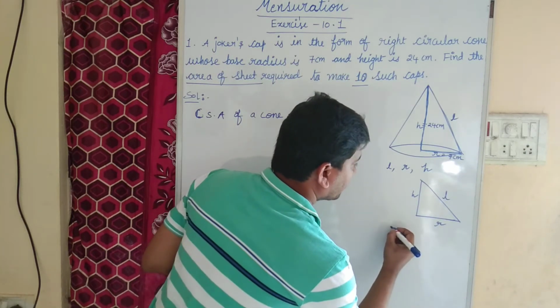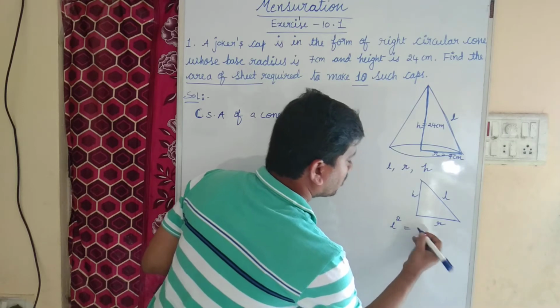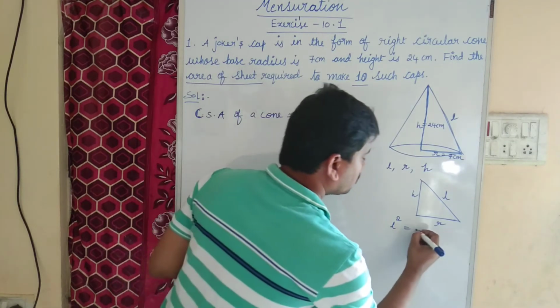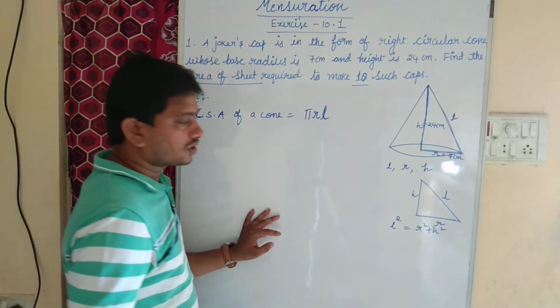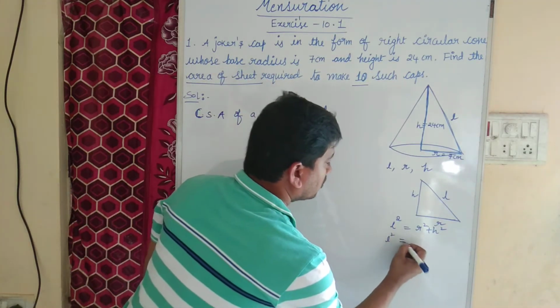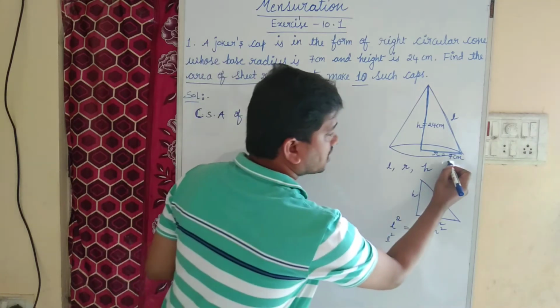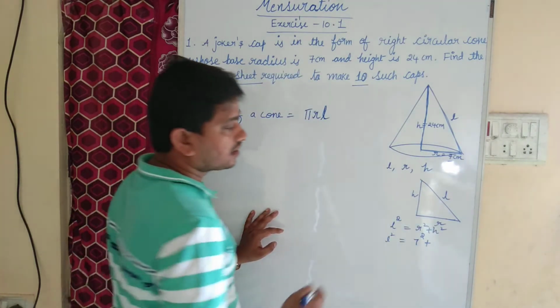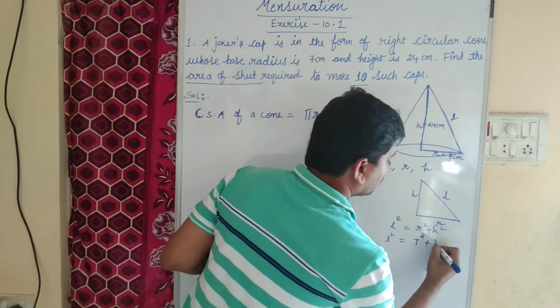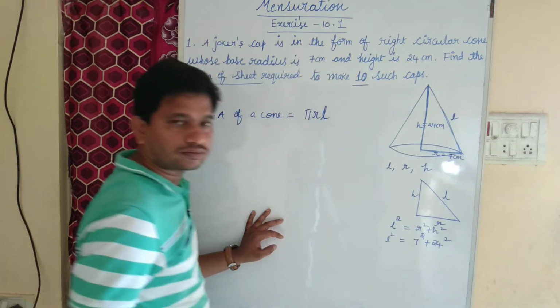So by using the Pythagoras theorem, the square of the hypotenuse, I mean L square, equals r square plus h square. So L square equals, given base radius is 7 centimeter, 7 square plus the given height 24, I mean 24 square.